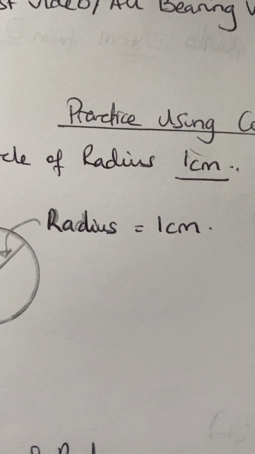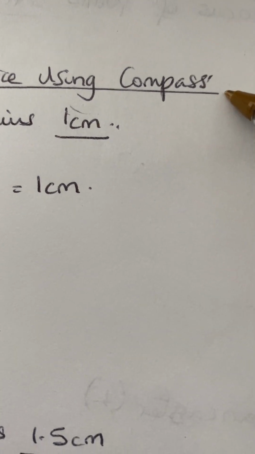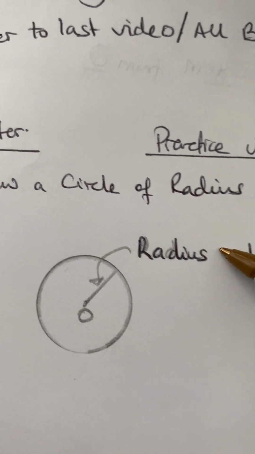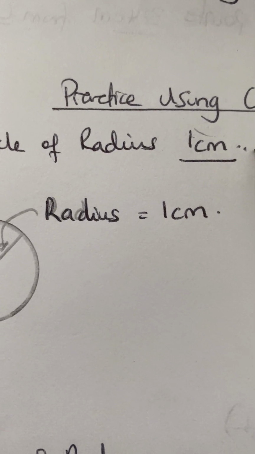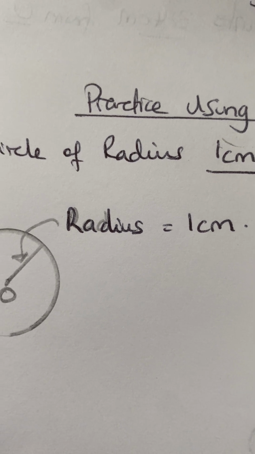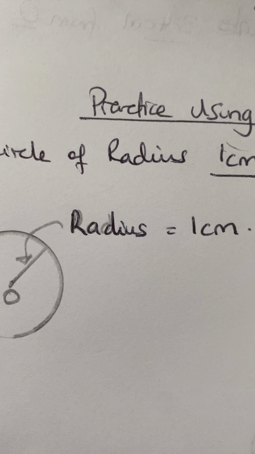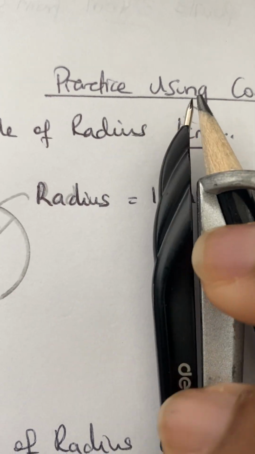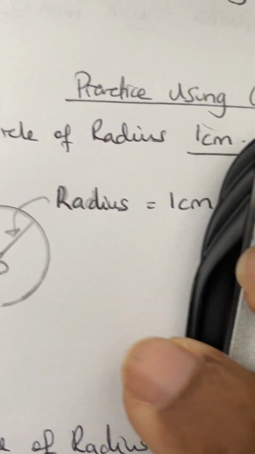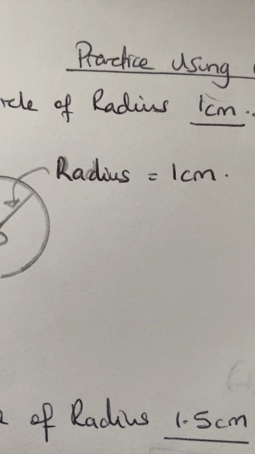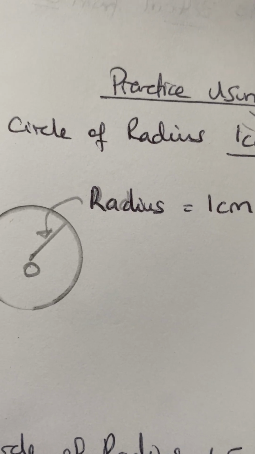Now we want to practice using our compass, which I've just shown you. So draw a radius of 1 centimeter. What I did was I used this compass, okay, opened it up, and then measured it on the ruler, and then I drew my circle.